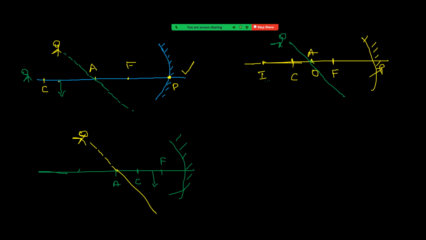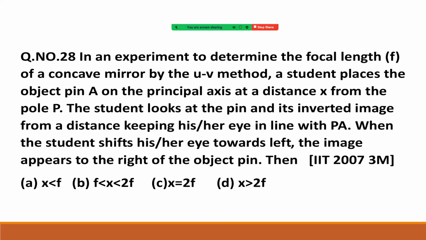If you are given a condition like it is left side, then the object must be beyond center of curvature. So for this given question, the correct one is that it is in between F and center of curvature. This is the image which is inverted, real and magnified. So see the option. It is option B, right?